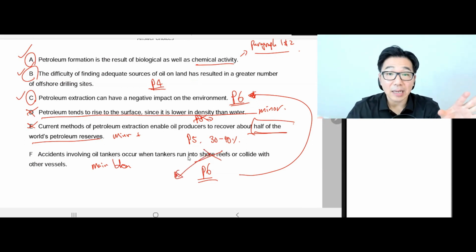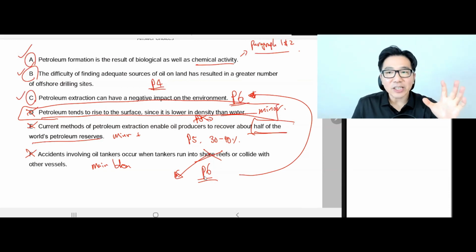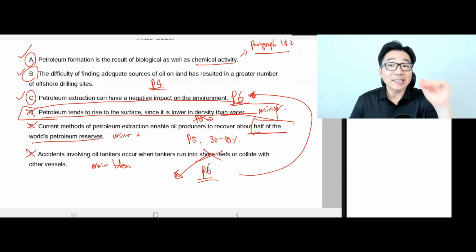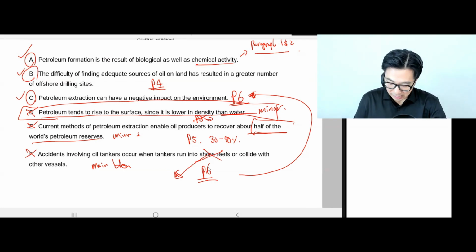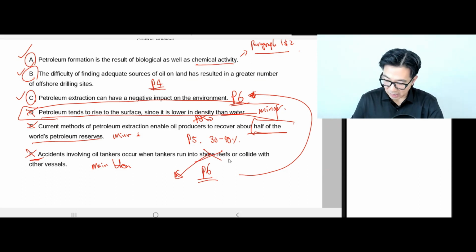It's not always like this, guys. Yeah, this is a really good question. D, if you look at it, is not wrong information at all. It's correct information, but it's a minor detail. F, even if the information were right, it's still a minor detail, but actually F is wrong information, because accidents involving oil tankers occurring when tankers run into shore reef is not mentioned.